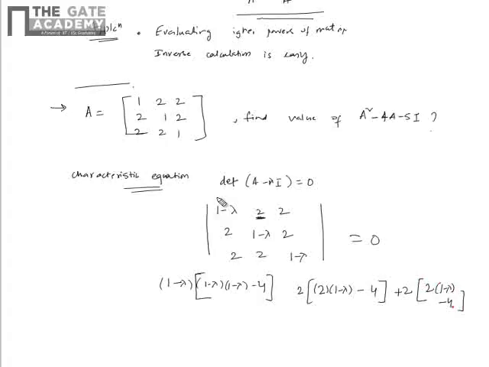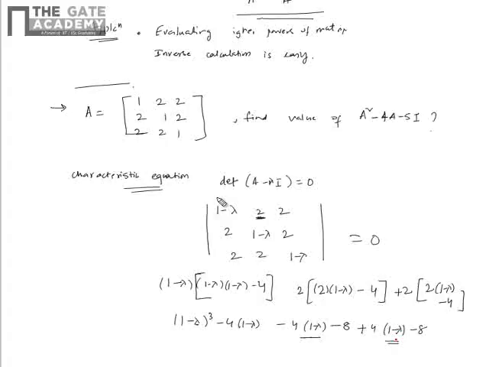When you simplify, the value comes out to be 1 minus lambda whole cube minus 4 times 1 minus lambda minus 8 plus 4 times 1 minus lambda minus 8. So the minus 4 times 1 minus lambda and plus 4 times 1 minus lambda get cancelled.